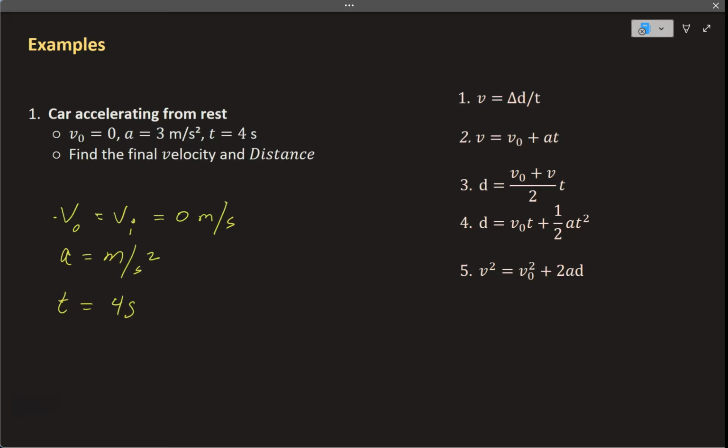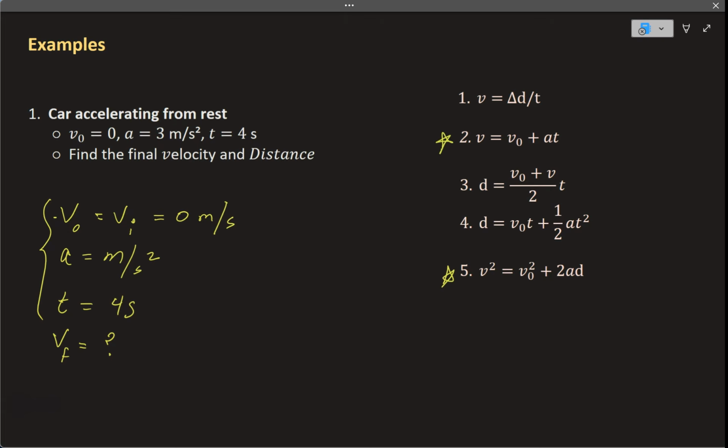Now, which of these five equations has acceleration, v initial, and time? These are all given to us, but what we don't have is v final. Between the equations that contain v final, it's number 2 and number 5.